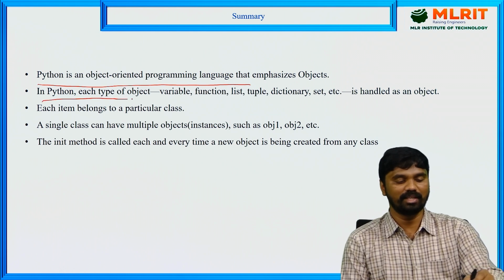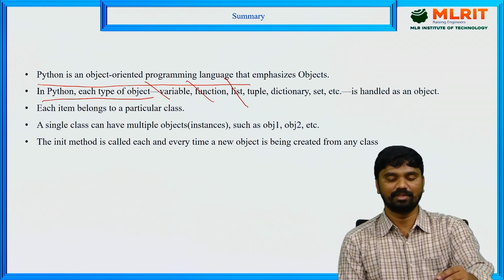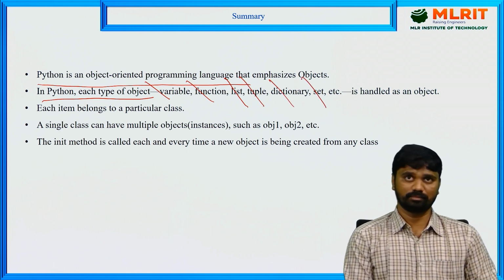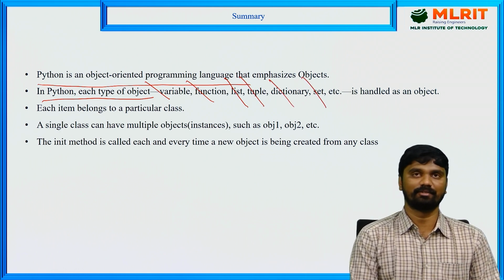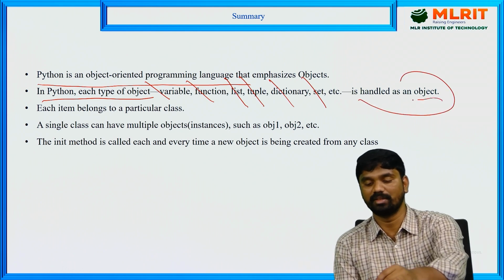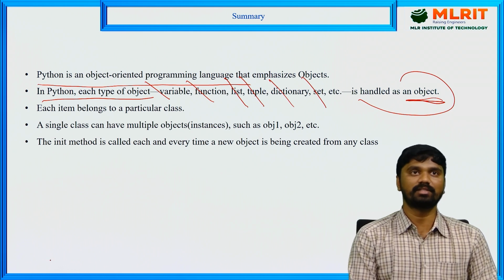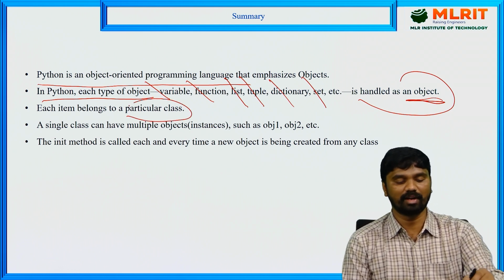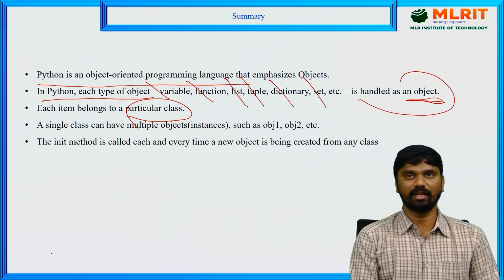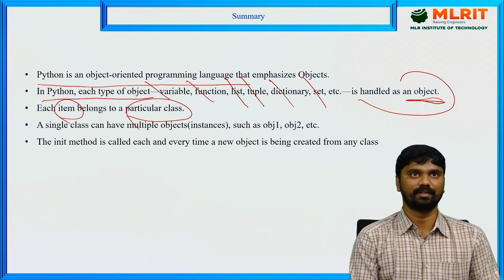In Python, each type is an object: a variable is an object, a function is an object, a list is an object, a tuple is an object, a dictionary is an object, a set is an object, like that, etc. Each is handled as an object, and each object belongs to a particular class.